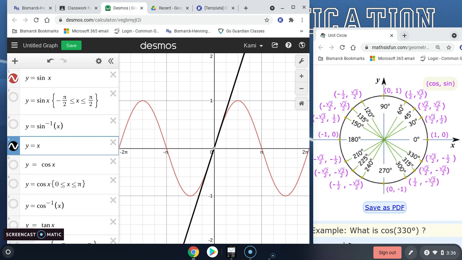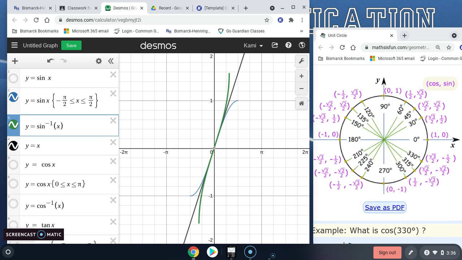However, if we restrict the domain of the sine function, which is this blue one I just turned on, you can see that it goes from negative pi over 2 to positive pi over 2. So if we only look at that portion and not the entire sine function, and we reflect this over the y equals x line, you get this inverse function, and that's the green one.